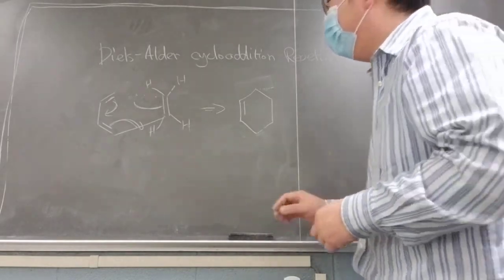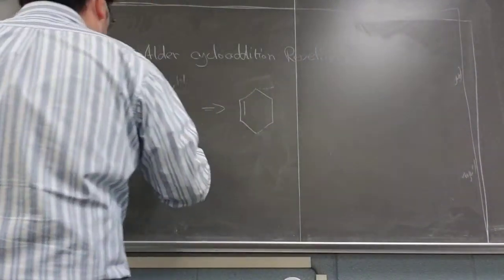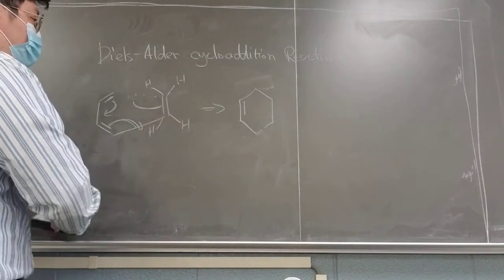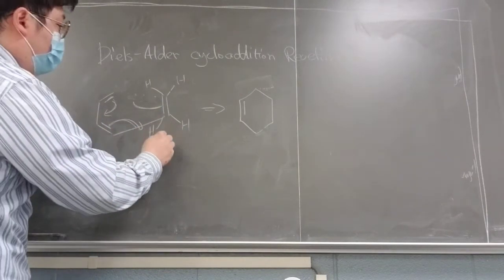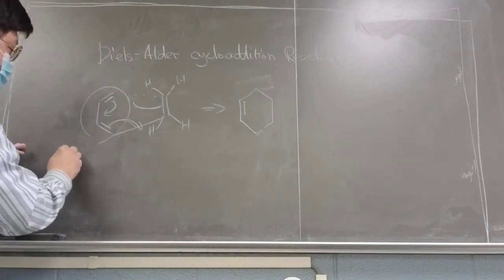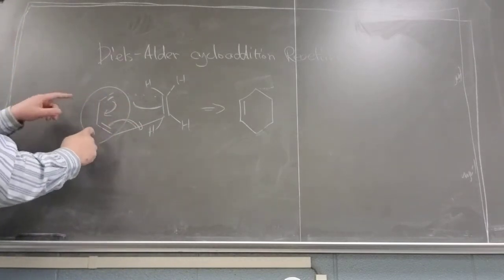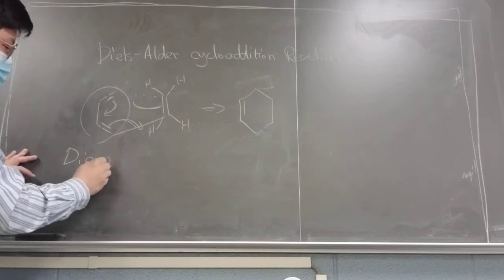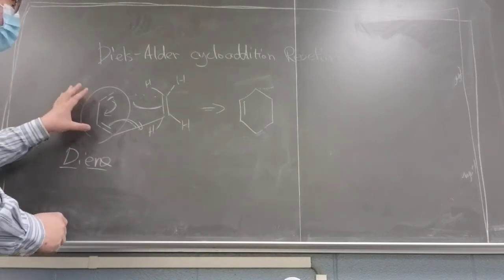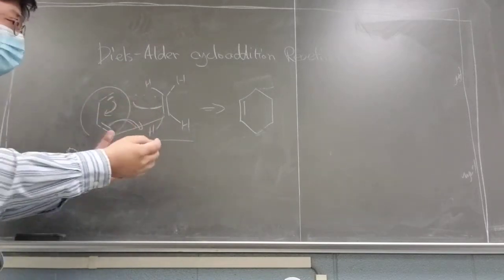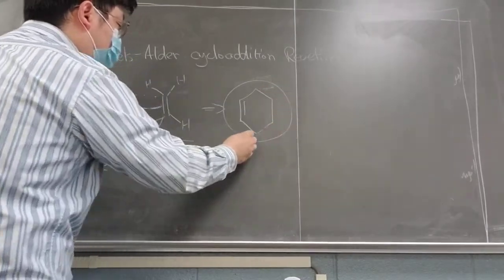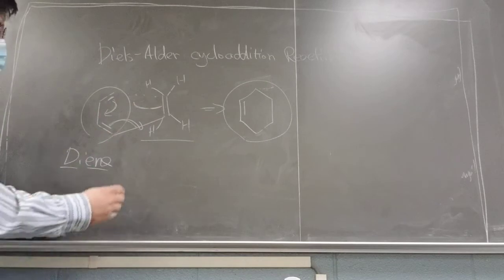Okay, so let me give you one more example because the trick is this. This is the diene, right? Because you have two double bonds. Diene means two double bonds. You have a diene molecule that comes into a compound that has one double bond, making a cyclic compound.